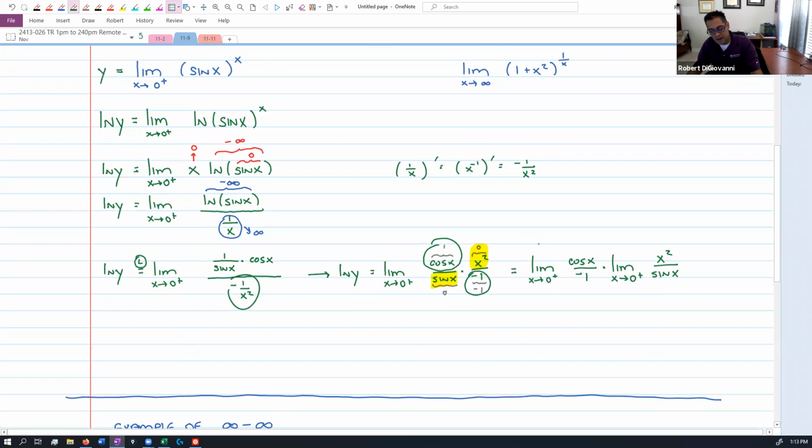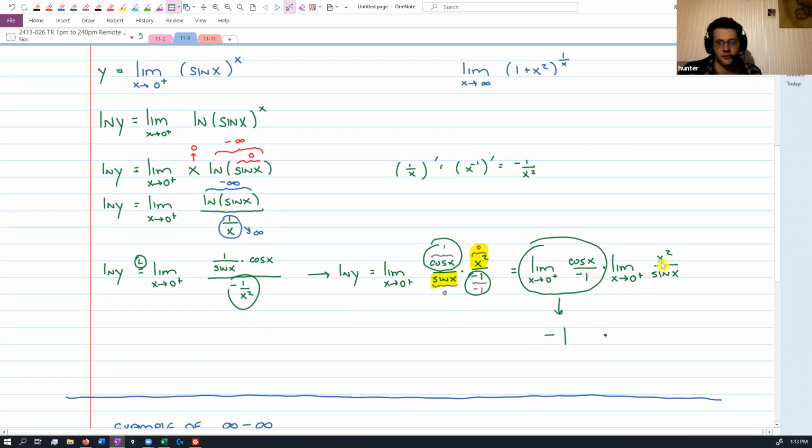Now, the reason I did that is because this one right here is straightforward. If x goes to 0, cosine of 0 is 1, 1 over -1 is -1. Then times this one, what do we have? 0 over 0. But I can use L'Hopital now, right? I can use L'Hopital because I have 0 over 0.